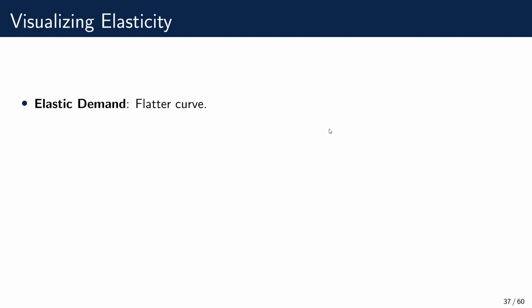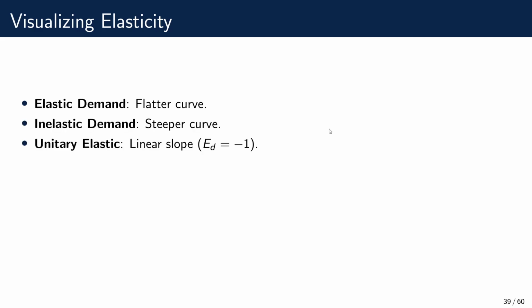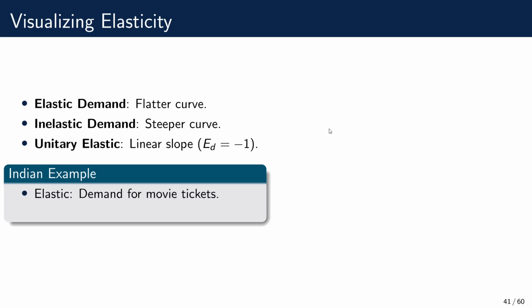Visualizing these, elastic demand is basically a flatter curve, inelastic demand is a steeper curve, and unitary elastic demand is a linear slope, that is minus 1. Example, demand for movie tickets will be elastic. Demand for insulin will be inelastic.